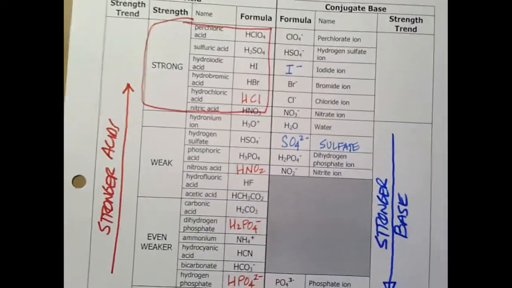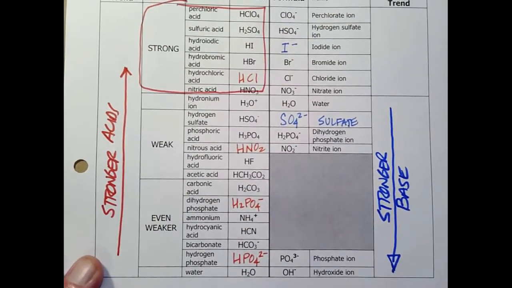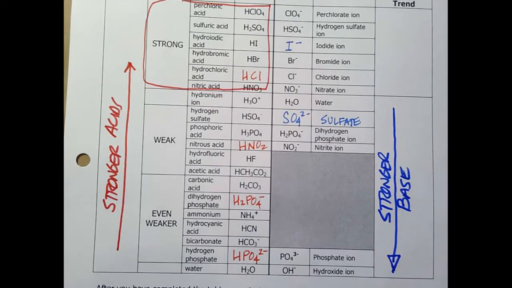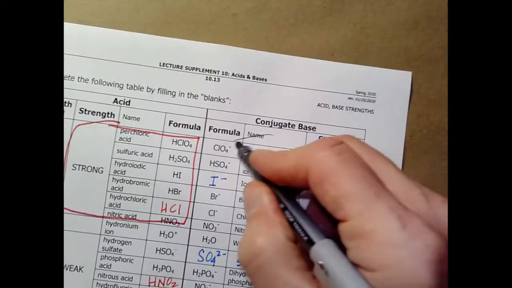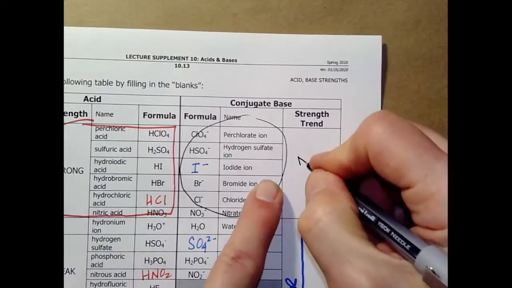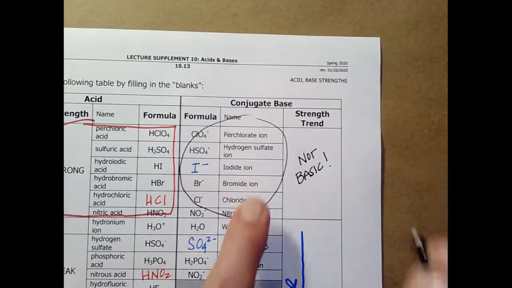So if I zoom out here a little bit, stronger acids go up, the conjugate bases go in the opposite direction. And then there's a note I want to make here. These 6 or so are not basic. They're not bases.